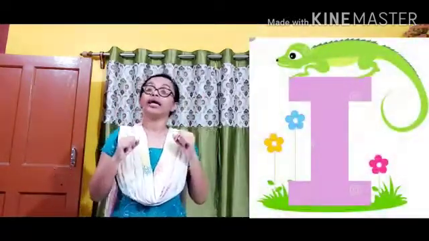Now when do we scratch? We scratch only when we feel itchy. This is an itchy place for me, that is why I am scratching my hand. So the word itchy starts with I. When we feel itchy about something, then only we scratch it.